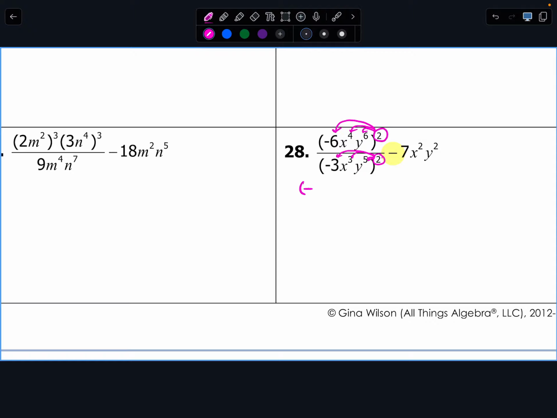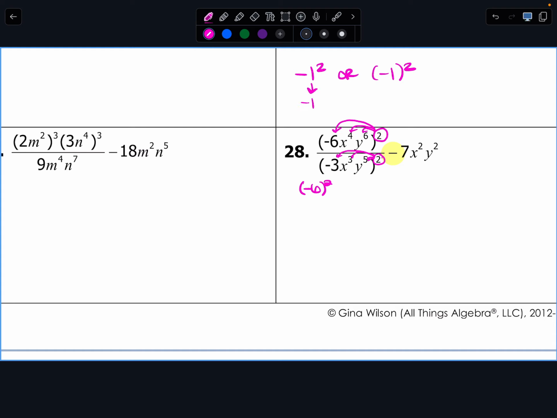So I have a negative 6 squared, and I know somebody asked me yesterday about negative 1 squared. There's a big difference in your calculator between negative 1 squared and the quantity negative 1, squared. If you put in negative 1 squared like the left, it will give you negative 1.